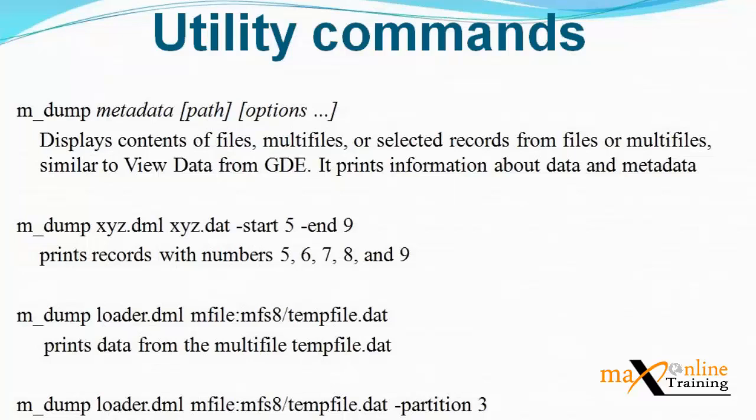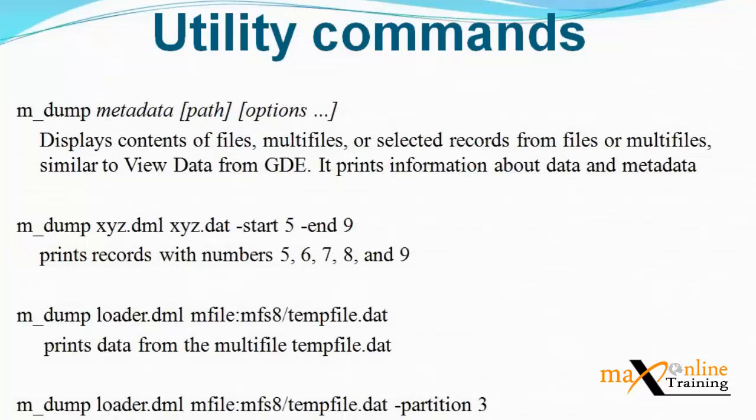It is pretty much similar to the view data in your GDE dialog to view a particular MFS file. It can list a serial file also. It prints information about data and metadata. There are multiple options for the m_dump command, and the requirement is you have to specify the DML along with the file name.